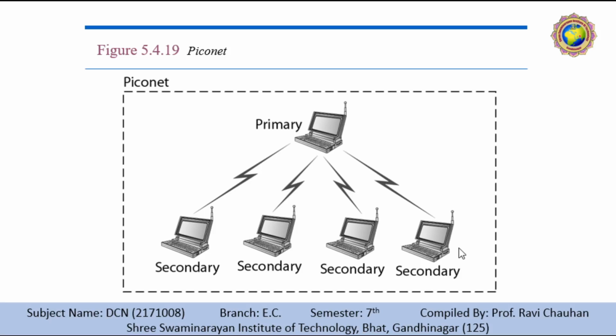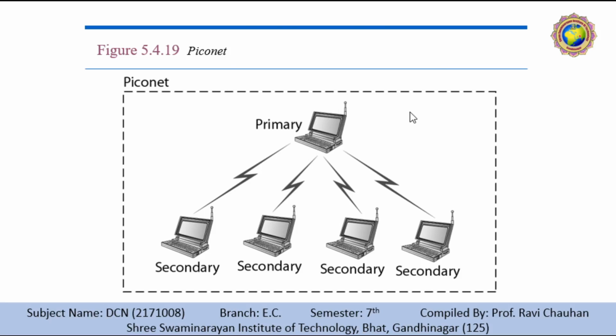All the secondary stations synchronize their clocks and hopping sequence with the primary. Note that a piconet can have only one primary station. The communication between the primary and the secondary can be one-to-one or one-to-many, as you can see in this figure.